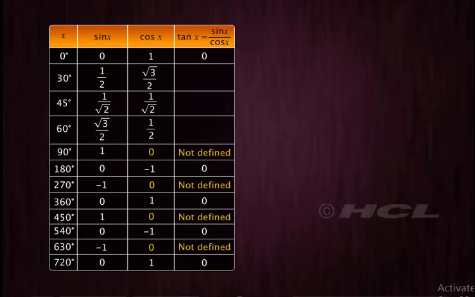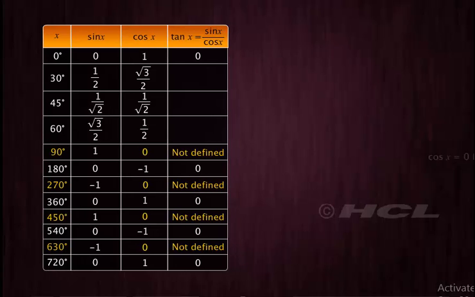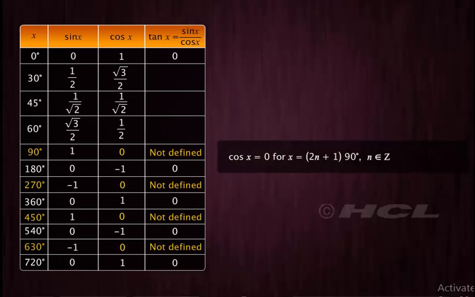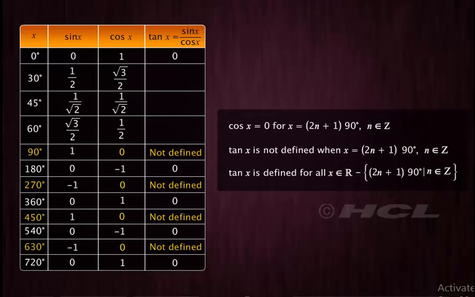Since the value of the cosine function becomes 0 for all the angles that are odd multiples of 90 degrees, that is, cos x becomes 0 for x equals 2n plus 1 times 90 degrees, where n is an integer, the tangent function is not defined for the angles of the form 2n plus 1 times 90 degrees, where n is an integer.